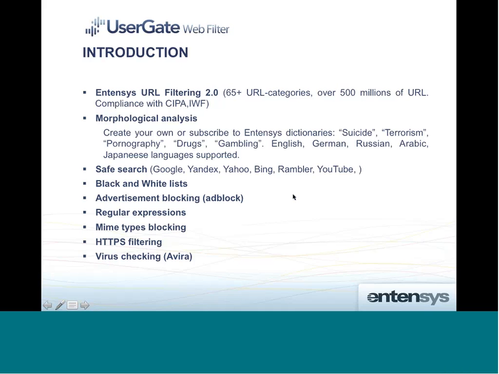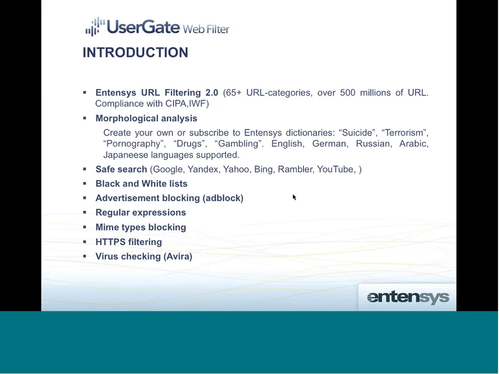Then we have morphological analysis. For example, our product can find prohibited words or groups of words in all of their forms, and block pages based on the number of such words on a page. And it's not just strict words.